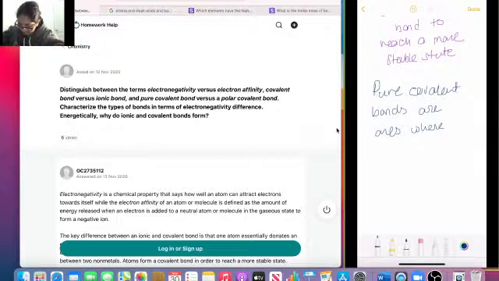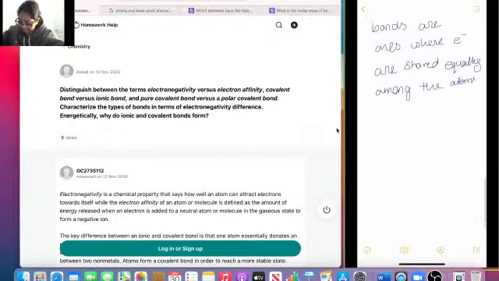Where electrons are shared equally among the atoms. Okay, and whereas in polar covalent bonds, right, this is where your electronegativity comes into play.